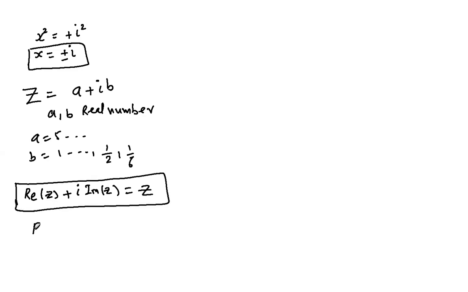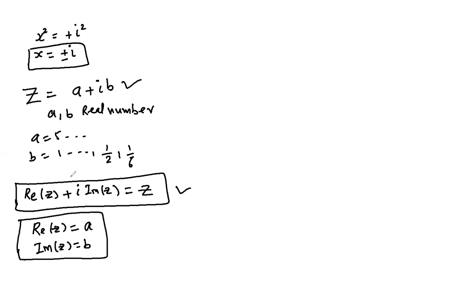Now see, here the real part of z, by comparison of this equation and this one, you can say real part of z is a, and the imaginary part of z is equal to b. Clear? Now I am writing down one complex number here in the form of digits.